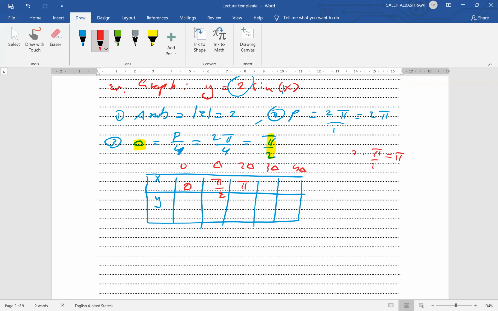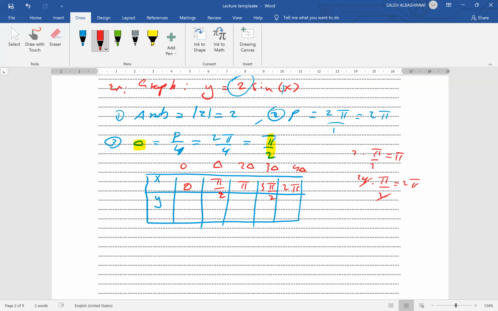So it is 0, pi over 2, and 1 pi. 3 delta is 3 multiplied by pi over 2, the fourth point. And 4 delta is 4 multiplied by pi over 2, which gives 2 pi.